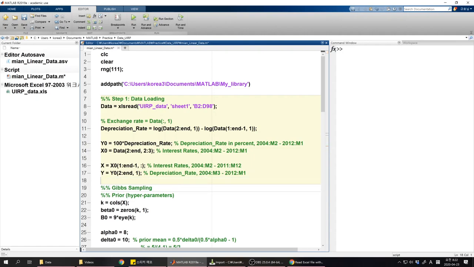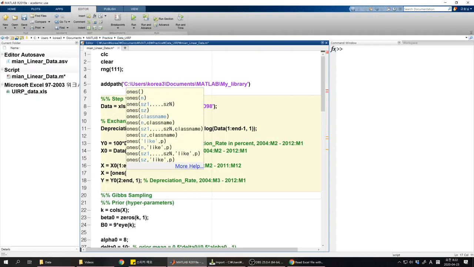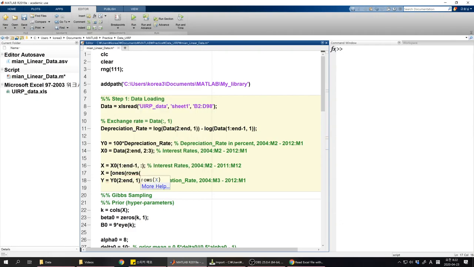Okay, right? And then we are going to have the intercept term, which is ones. And then how many observations? Y there, so then just was x, comma 1, comma s. So right.